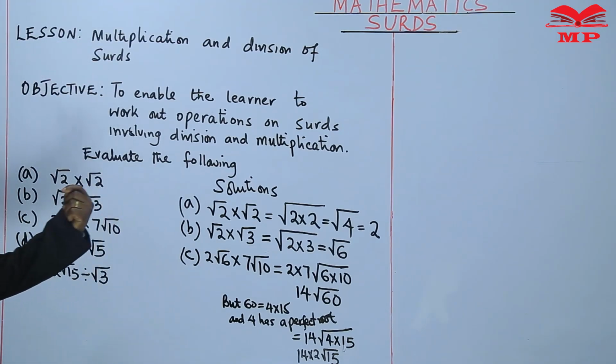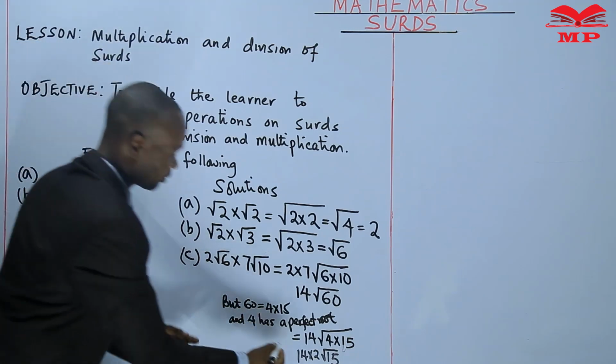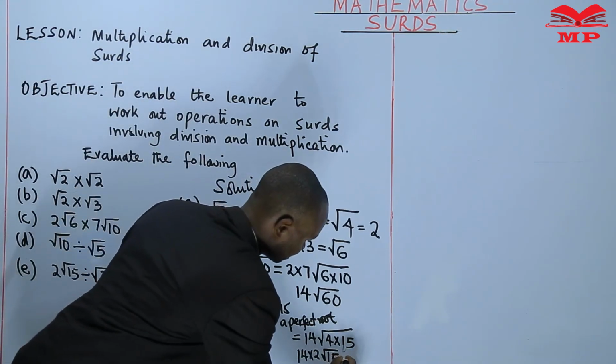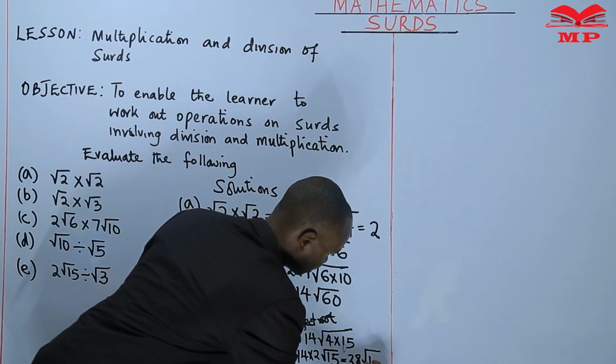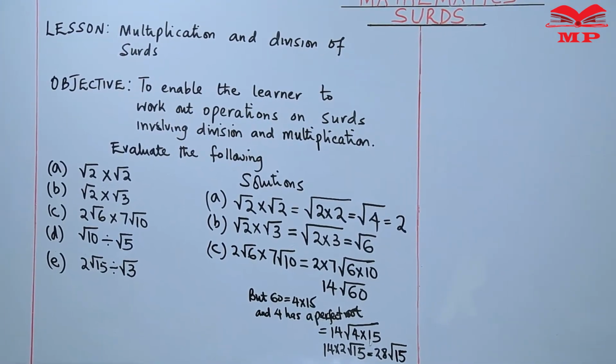So 14 times 2, you'll get 28. The answer will be 28 root 15. That is the simplified evaluation of that.